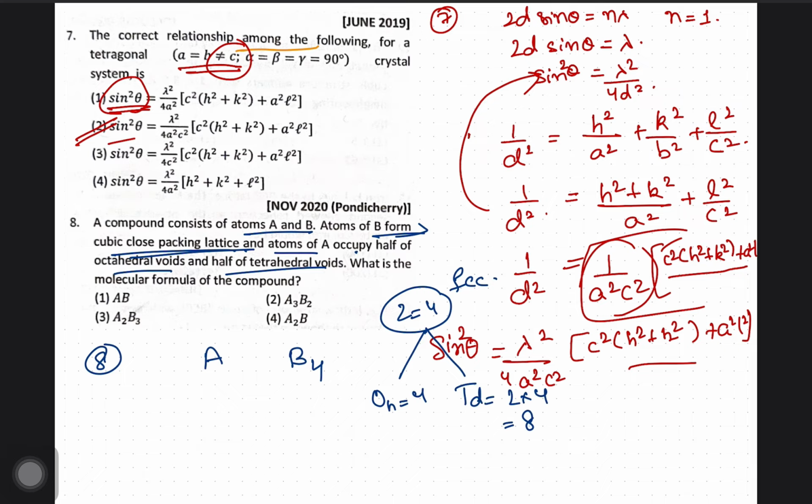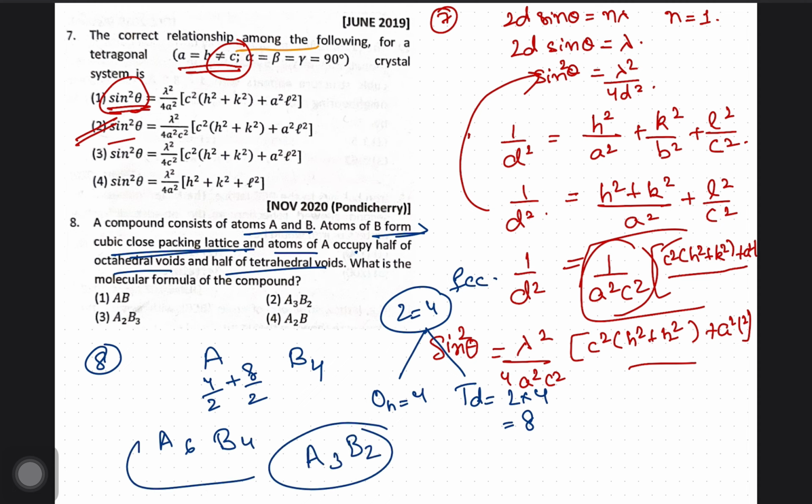So A occupies half of the octahedral voids, 4 by 2, plus half of the tetrahedral voids. Now it will be 6 A to 4 B, so it will be A3B2 when we simplify this. So the correct answer will be 2, right?